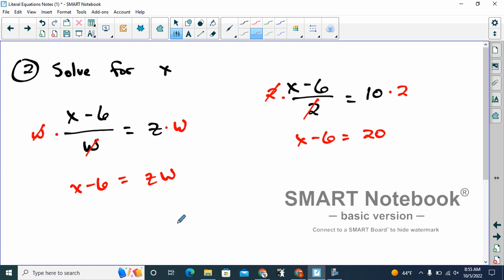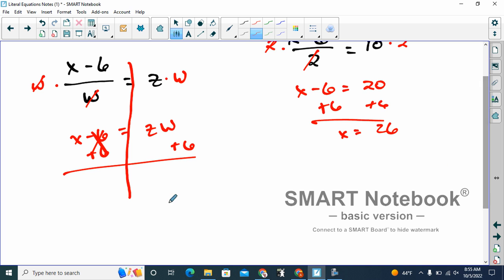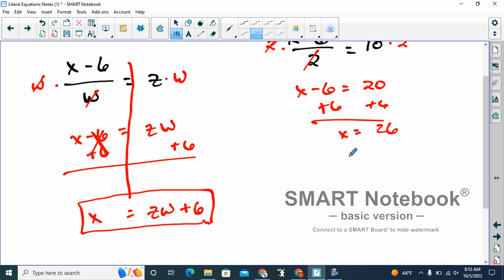It's not wrong if you do put the times in there. And then we add 6, right? Plus 6 gives me x equals 26. I want to do the same thing here. Add 6 to both sides of my equal sign. Probably should have drawn my line down here. That helps. And I get x equals z times w plus 6. X equals zw plus 6.